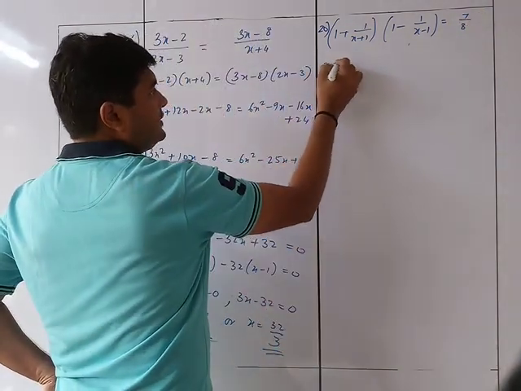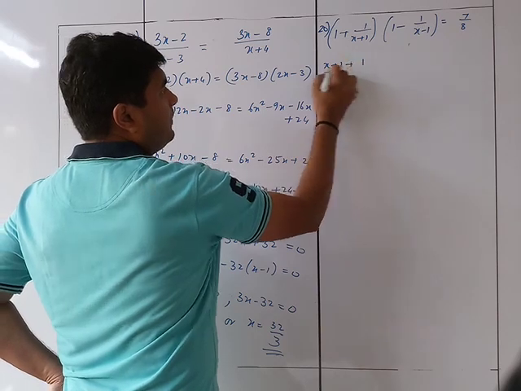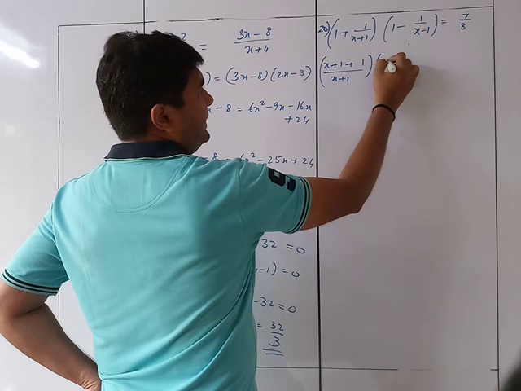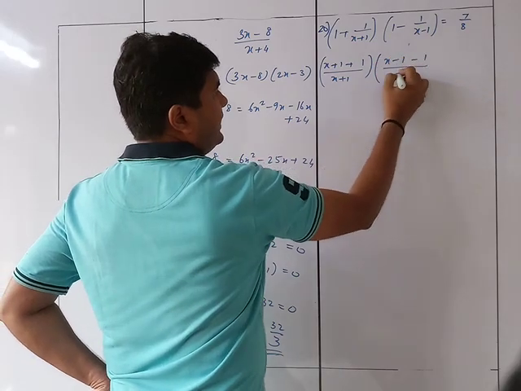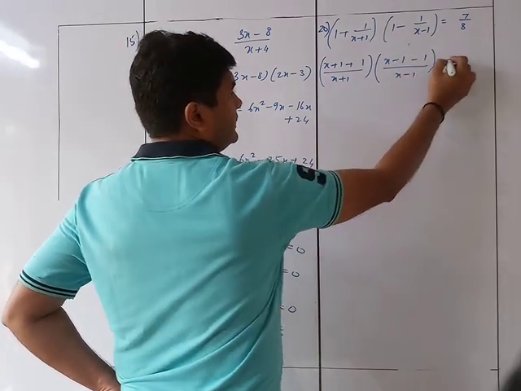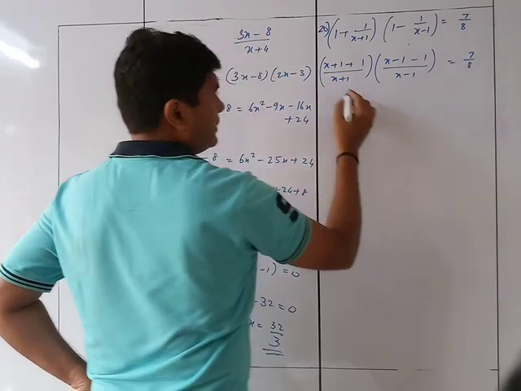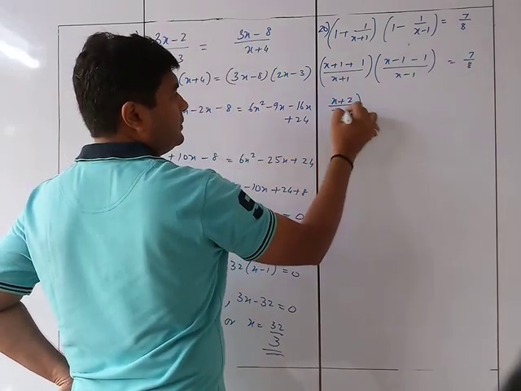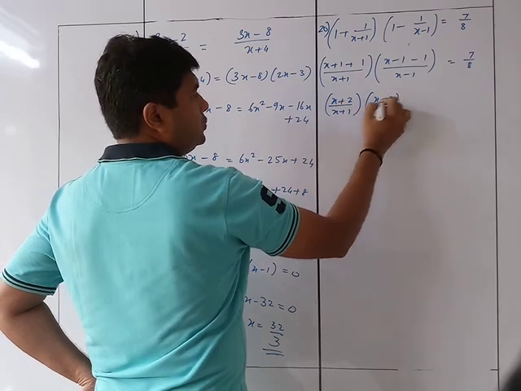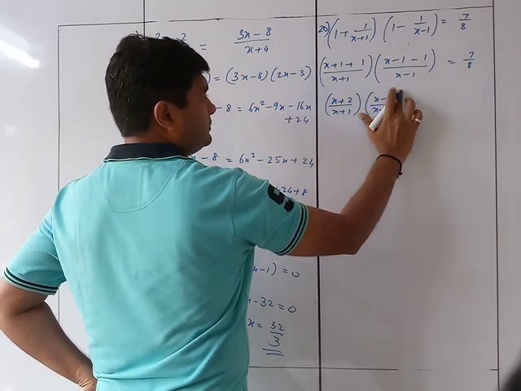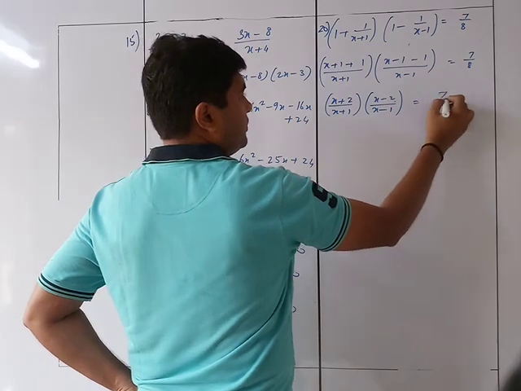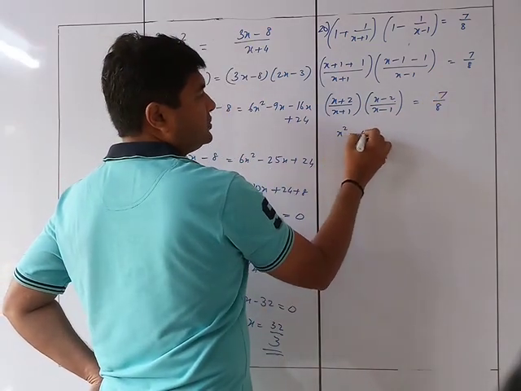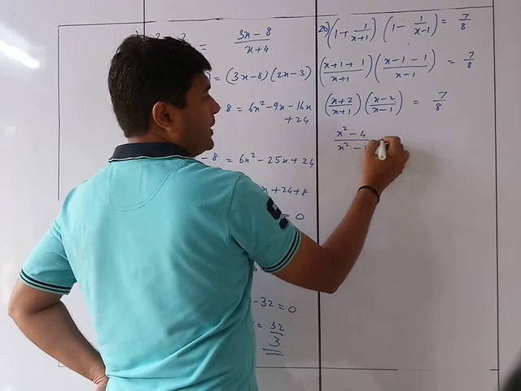LCM, x plus 1 upon x plus 1, x minus 1 minus 1 upon x minus 1 is equal to 7 upon 8. We get x plus 2 upon x plus 1, x minus 2 upon x minus 1 equal to 7 upon 8. Multiplying them, you get x square minus 4 upon x square minus 1 is equal to 7 upon 8.